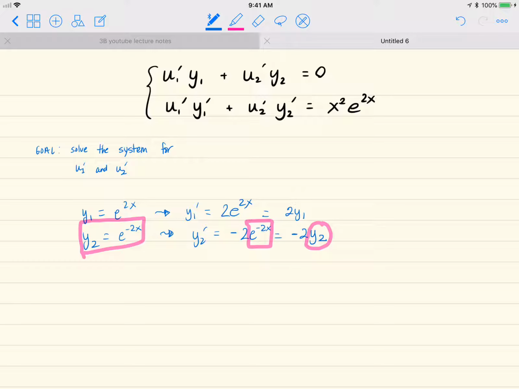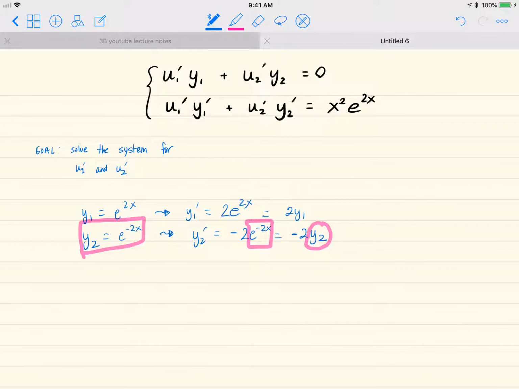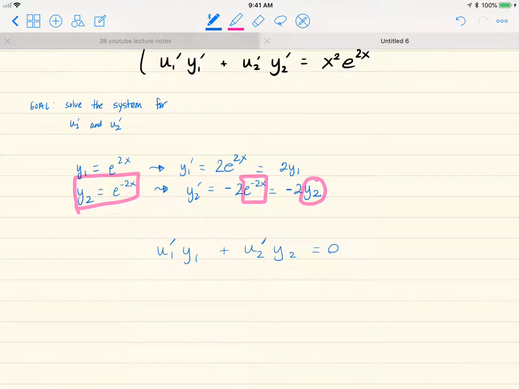So instead of keeping track of a whole bunch of exponentials, we can rewrite our equation as follows. u1 prime y1 plus u2 prime y2 equals 0. And then for the second equation, we'll have u1 prime, and what is y1 prime? y1 prime is equal to 2y1.